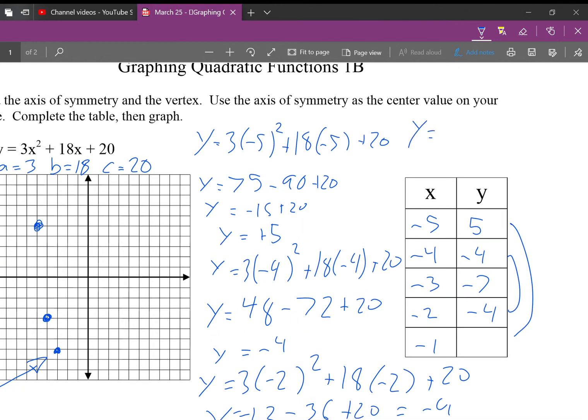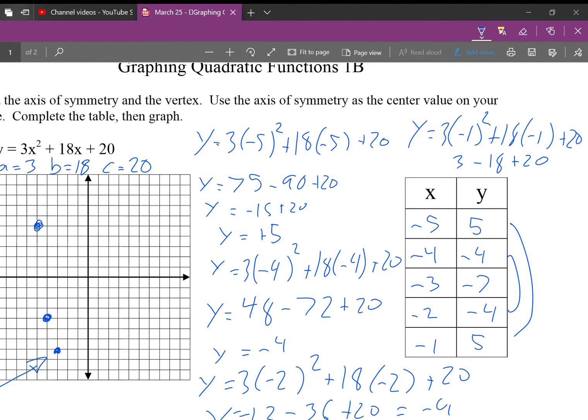Y equals, I'm going to plug in negative 1 this time, so 3 times negative 1 squared plus 18 times negative 1 plus 20. Well, that becomes 3 minus 18 plus 20, and that is indeed positive 5.